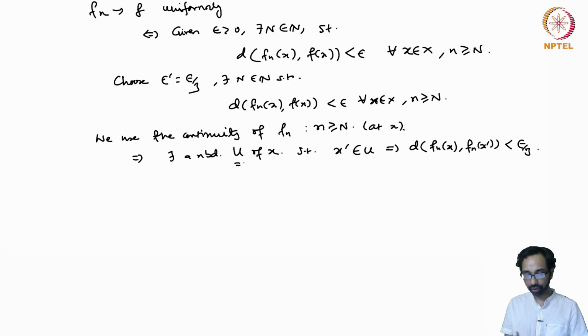And so now we choose this neighborhood U and choose a small n greater than or equal to capital N in the triangle inequality.